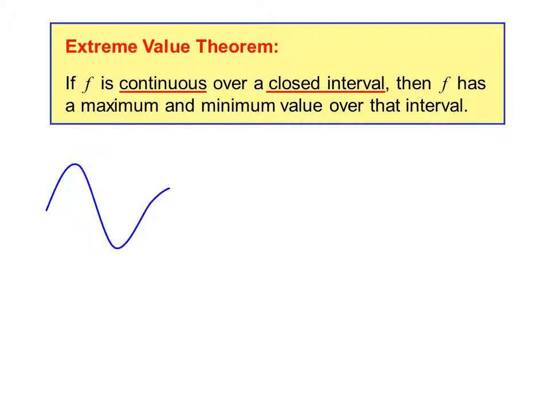Looking at some examples, and in all three of these examples, I didn't draw in the solid dots at the end, but we will assume that they're closed intervals. In this first example, the maximum occurs at an interior point, and the minimum occurs at an interior point.